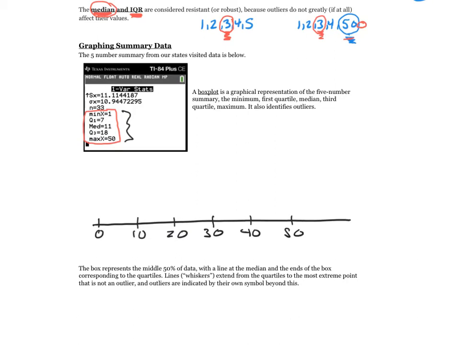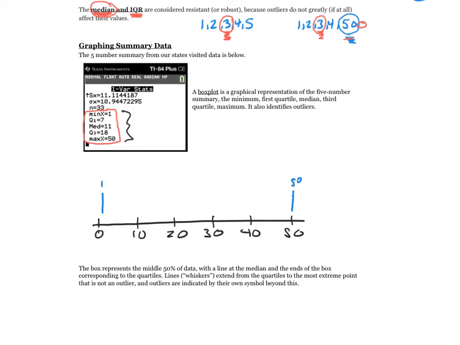Okay, and I made it a little longer than I needed to. But you make your x-axis first. Then we draw in lines for the min and the max. So the minimum's at 1, so I'm going to put that here, and we usually label the points above. And the max is at 50. So I'll label that up here. Both of those are lines.